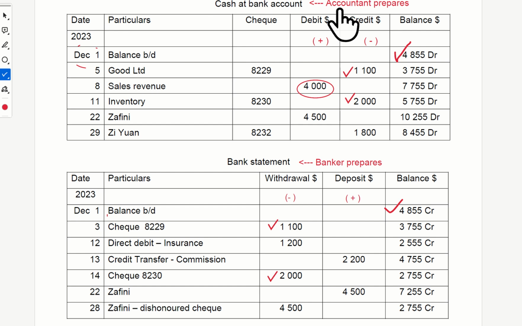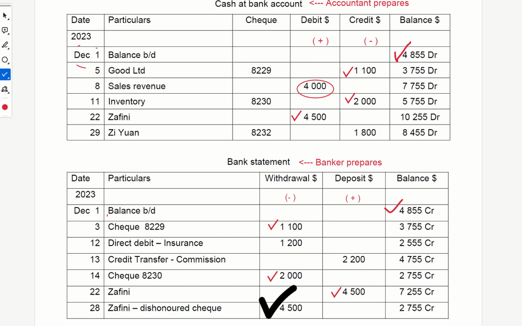Your cash at bank says a debit plus 4,005. So the bank statement, the correct one you should tick is a deposit plus 4,005. And we are going to do that. I'm not going to tick the one in the withdrawal column because it's not the plus sign.